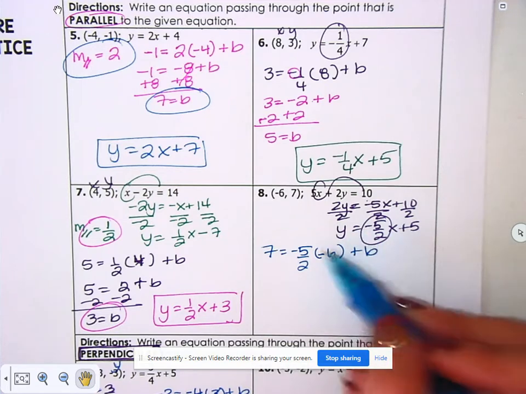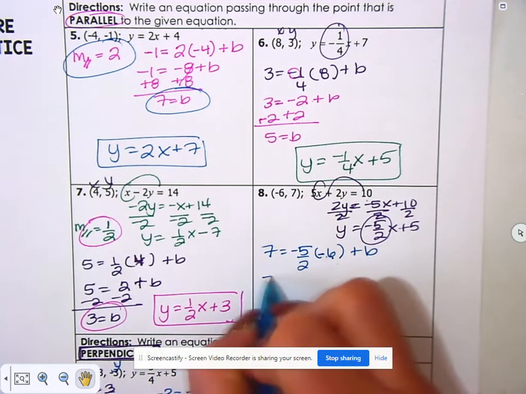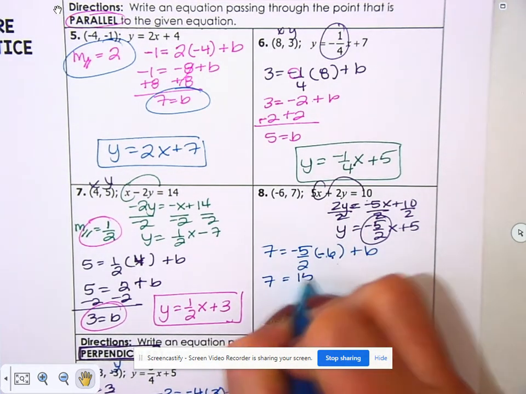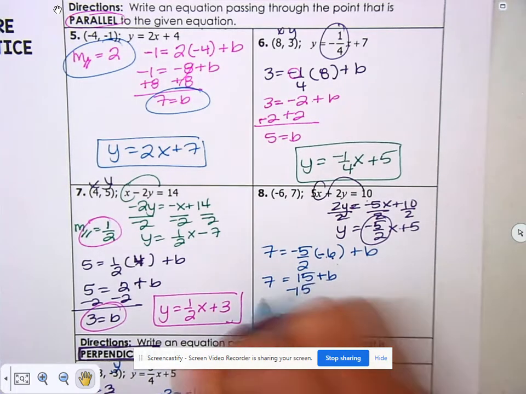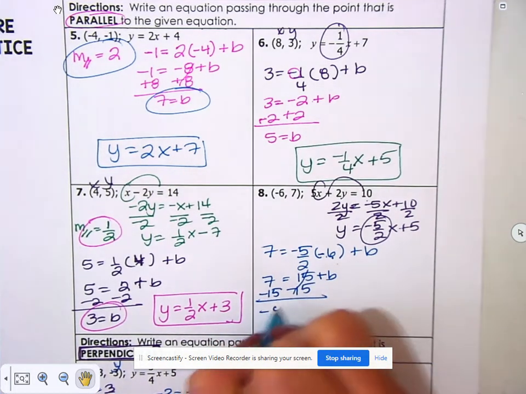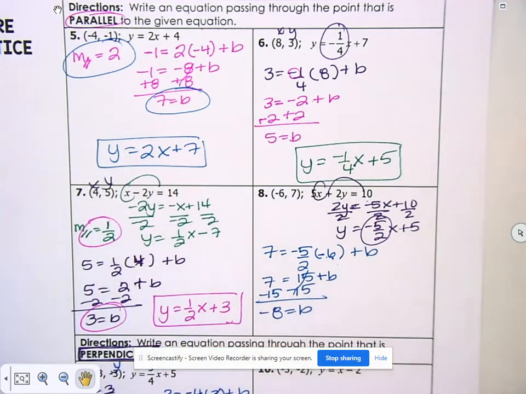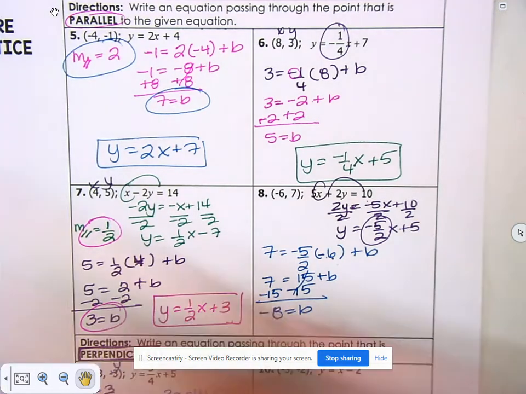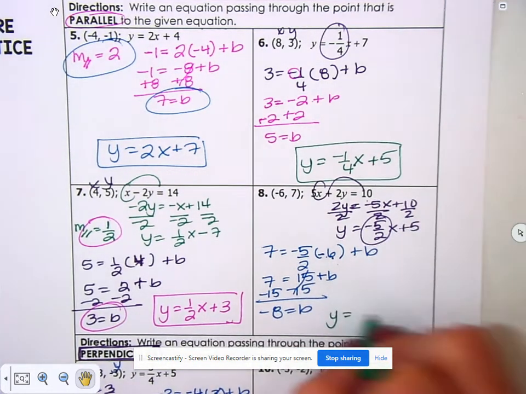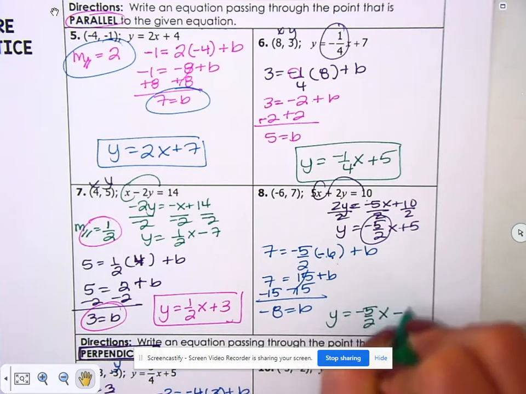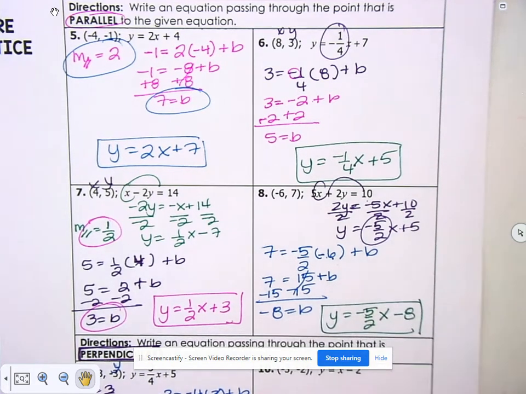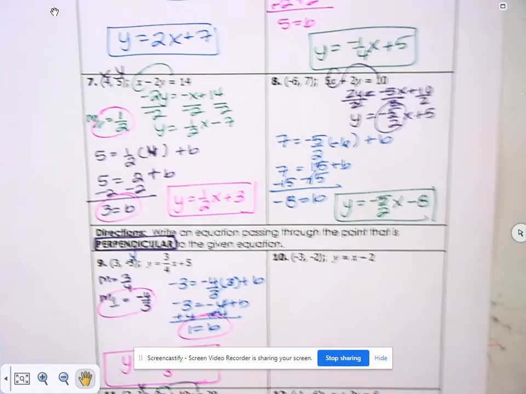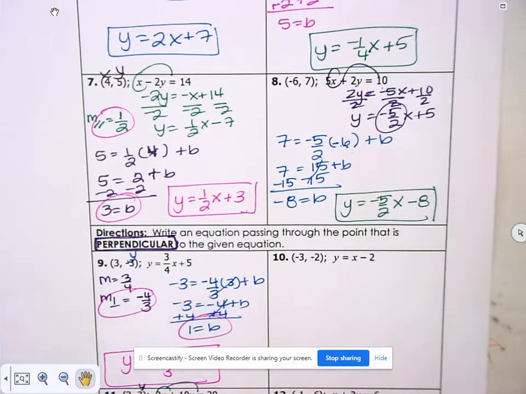Negative times a negative is a positive, so that's +30 divided by 2 is 15. And then when you move the 15, you're going to get that -8 is our b, which gives us the final equation of -5/2x minus 8. Okay, and we'll talk a little bit tomorrow about slope intercept versus standard form. We always put these in slope intercept, and we can convert to standard if the problem needs us to do that.